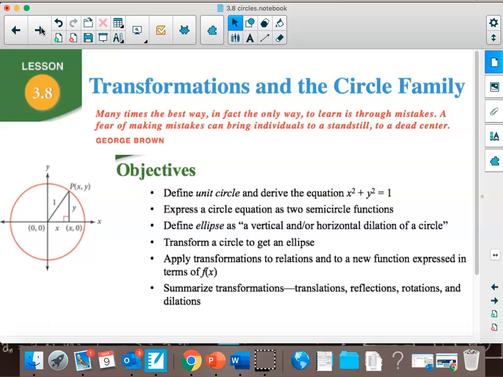However, when you reflect a circle, it doesn't really change it, it's still the same circle. And part of the reason that the reflection doesn't change anything is because the negative ends up being squared. No matter where the negative is, it ends up being squared.